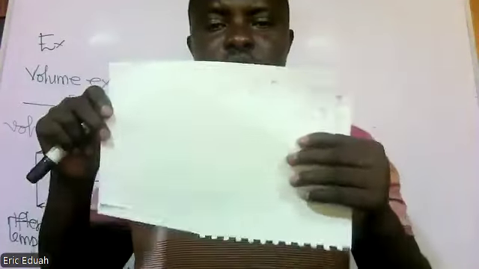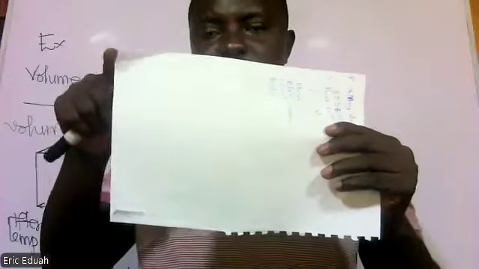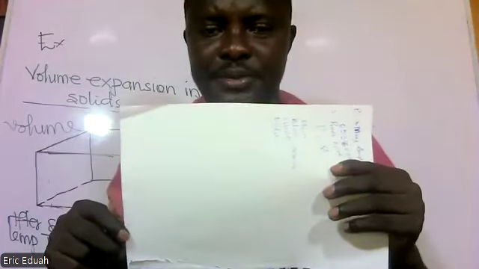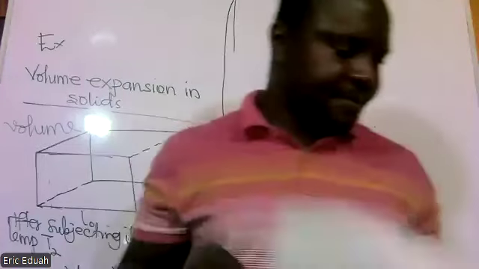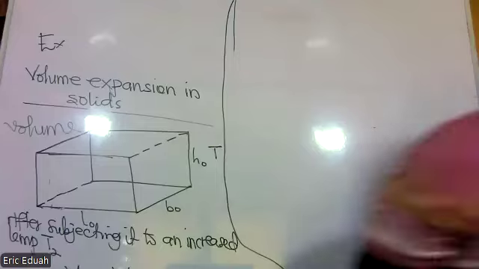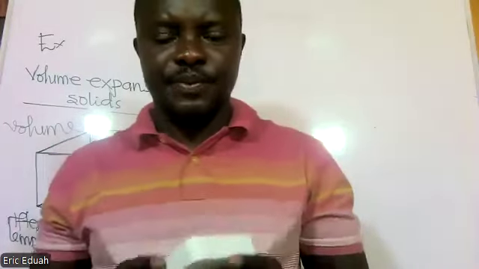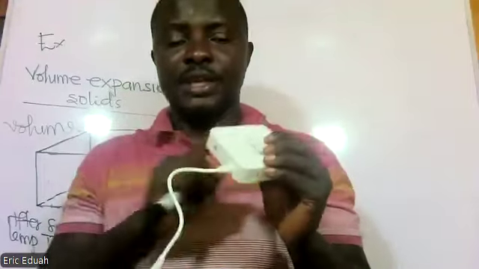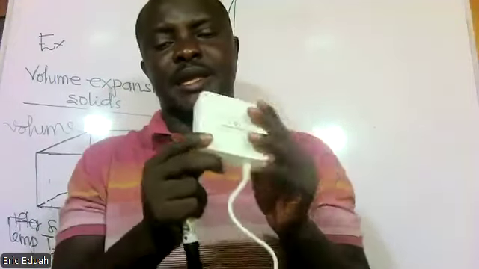Okay. So where there will be an increase in length and breadth, that is area or superficial expansion. Then if the metal involved is a 3D object, where we have its length, width, and height, something like this.